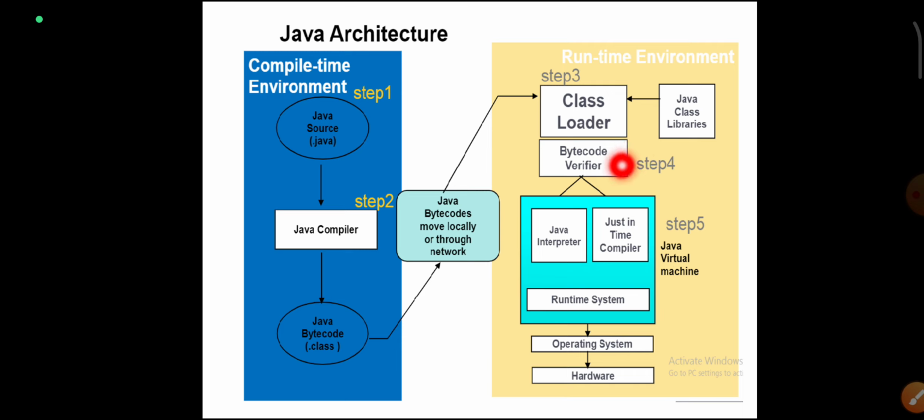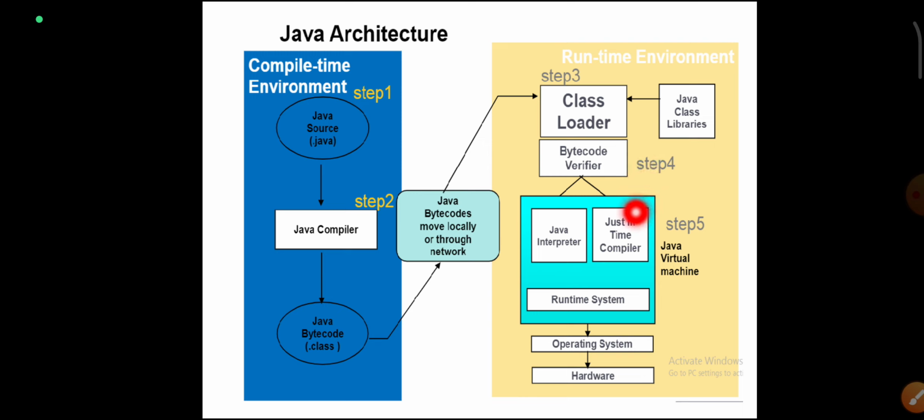This bytecode verifier checks all the code fragments for illegal code that can violate access rights to objects. Here it gives some security in order to check whether the bytecode is correct or not. Then if the bytecode is verified successfully, it goes to the Java virtual machine.